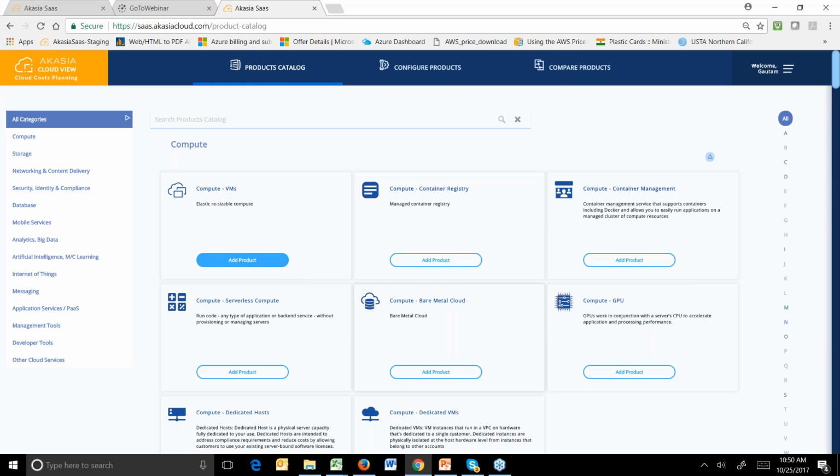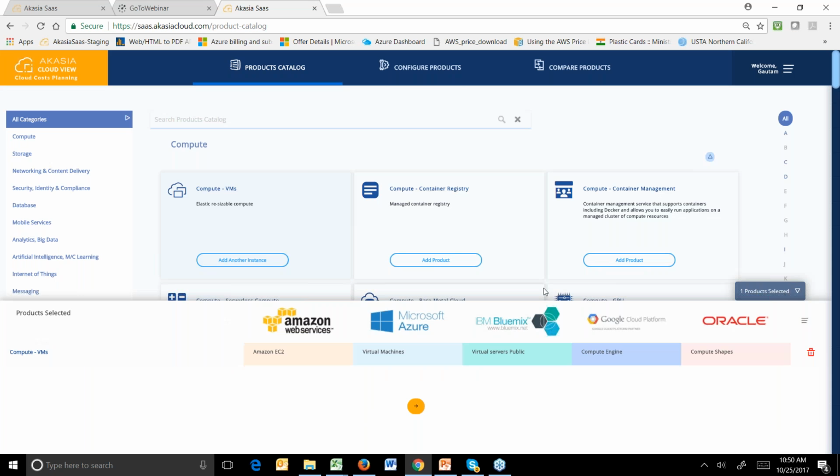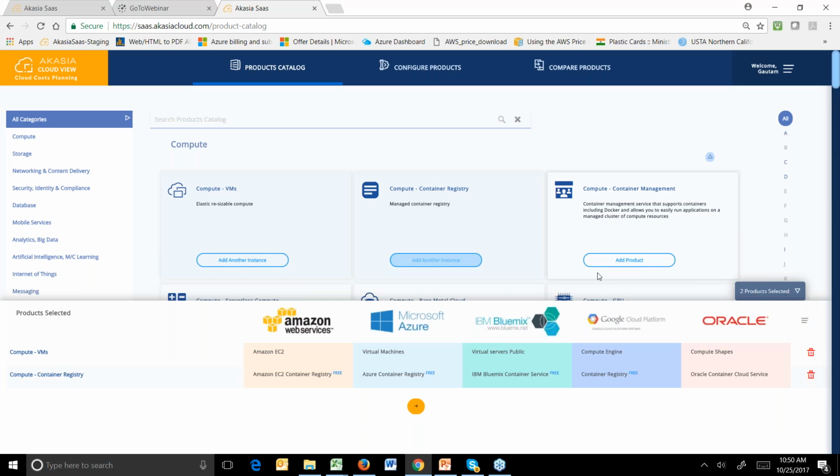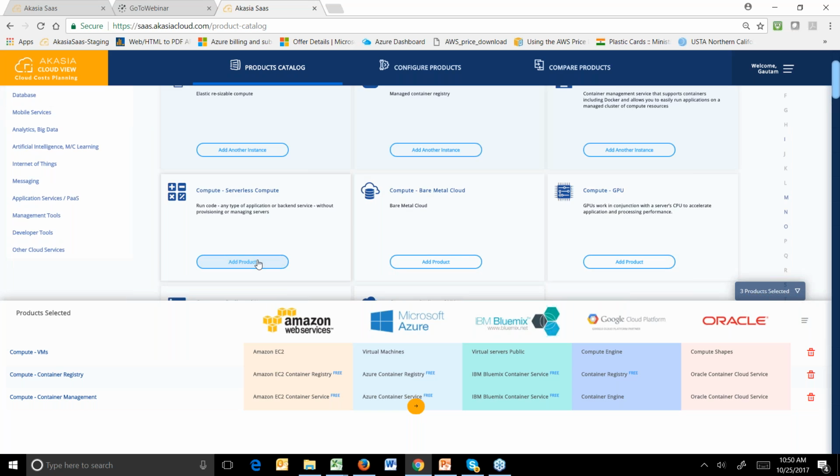So for instance, let's say I'm going to start with some VMs. I'm going to have some containers. I obviously need container management, and I intend to use some serverless compute as well. So as I add these, as you can see, as I click this, you start seeing products offered by these 5 vendor cloud operators.